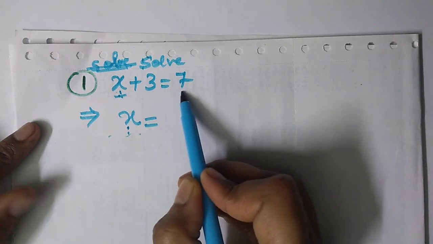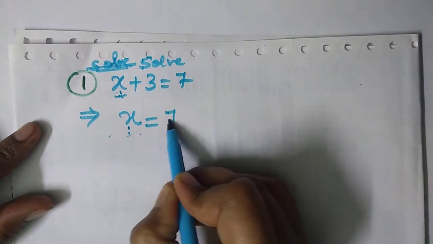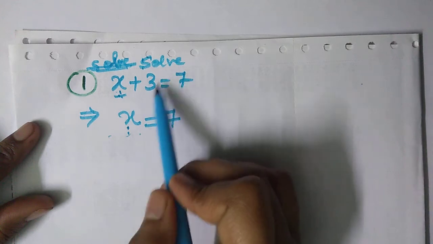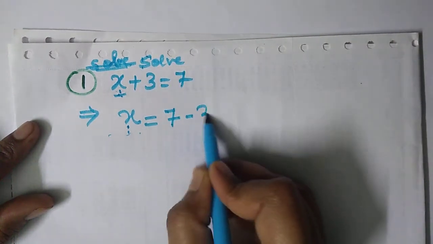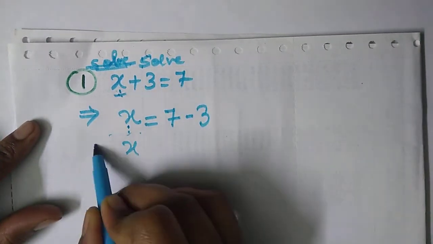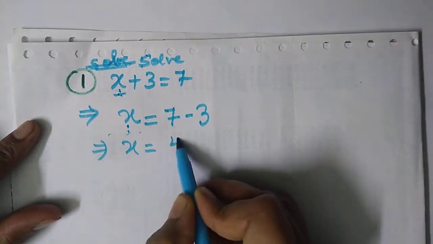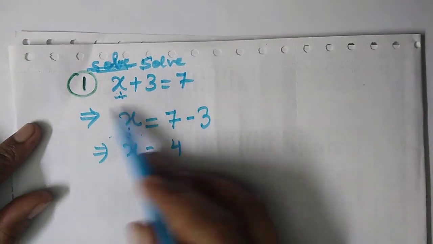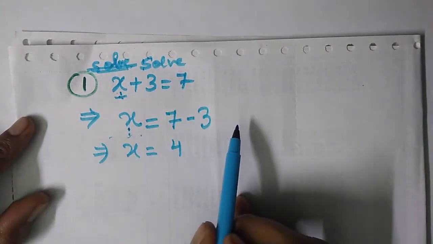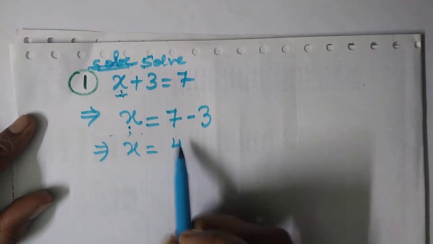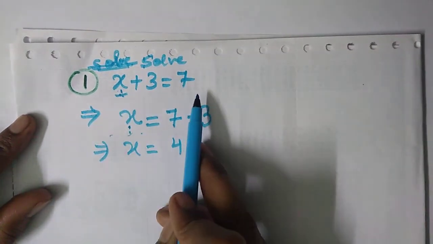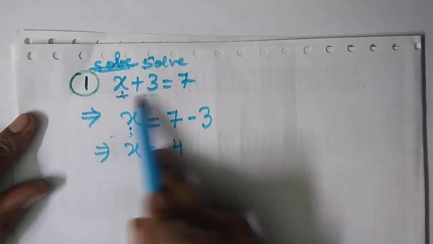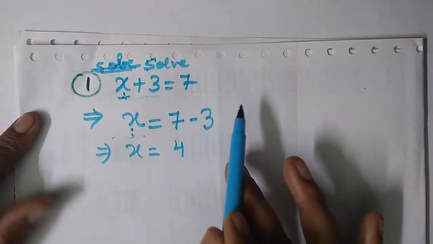Here it is 7, so I will write 7. Now this is plus 3. If it changes its side, it will be minus 3. So x is equal to 7 minus 3, which is 4. So x is equal to 4 is the solution of this equation. You can verify it also. If you put x equal to 4 in the given equation, you will find that the left hand side is equal to the right hand side.